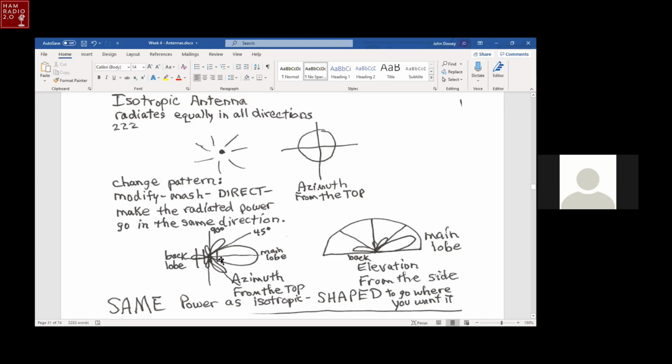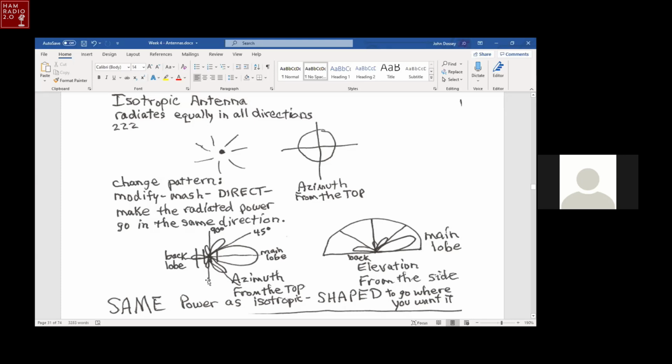Oh, yeah, a very important concept. Once you take this isotropic antenna that's radiating a certain amount of power and you squish the RF radiation from it into these patterns down here that the Yagi antenna gives you, it's all the same power.